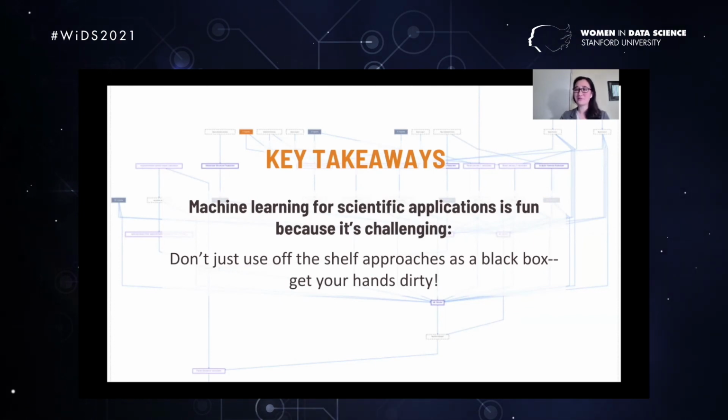So this field is just so much fun because you get to combine science and machine learning together, because you get to learn about new scientific domain knowledge and scientific applications, and because you have to work with all the sparse, messy data. All these different challenges are really what makes this application so much fun to work in.